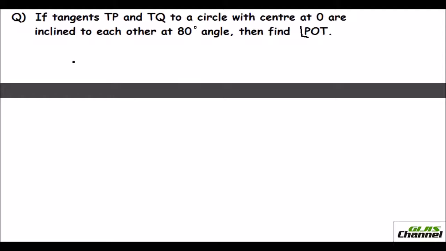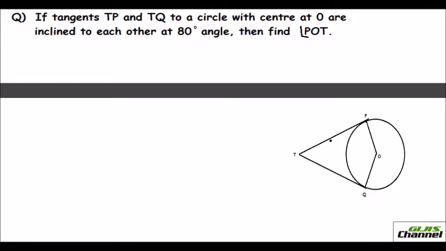Here is another problem for you. If tangents TP and TQ to a circle with center at O are inclined to each other at 80-degree angle, find out what is angle POT, right? Now you have the tangents TP and TQ.